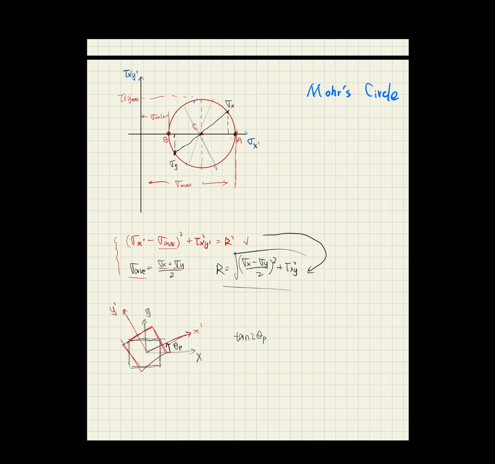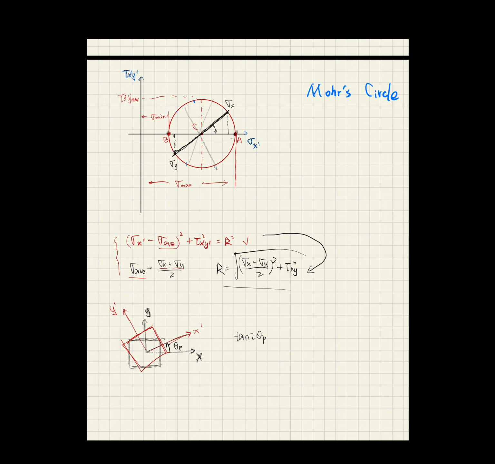But our original position is random. The original position x and y is random. As we drew here, this could be the original location, and the maximum location is here. So to reach the maximum location, we have to rotate it by a certain angle.